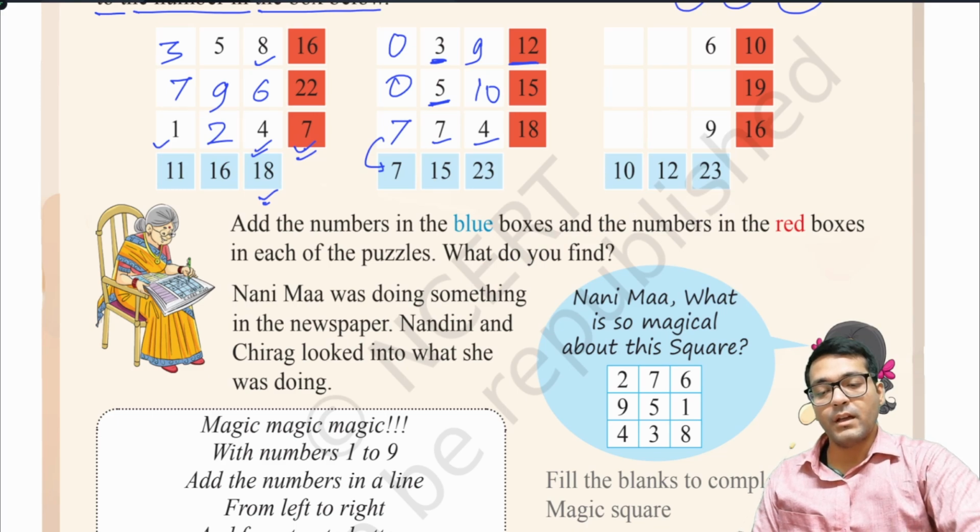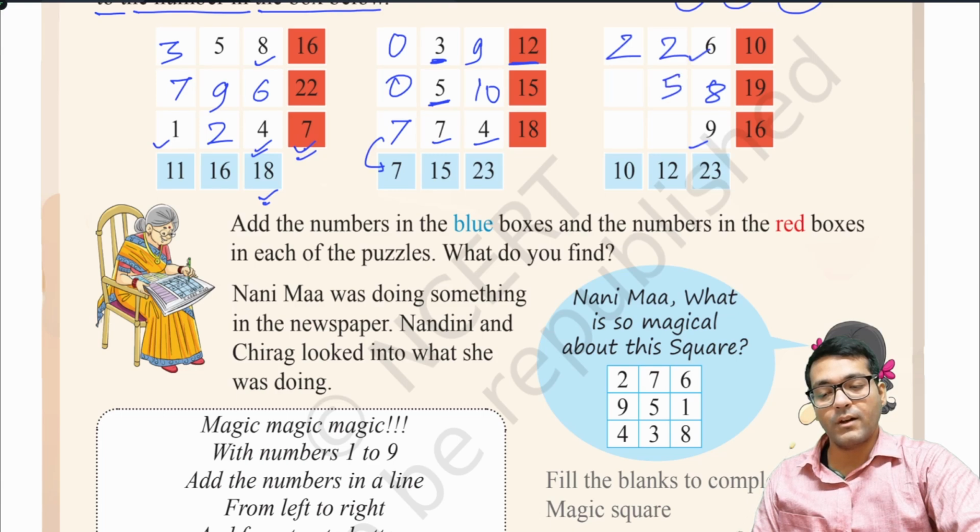Let's add 6 and 9, that means 15. 15 and 8 is equal to 23. Similarly, you can write, for example, suppose if you write here 2 and 2, that means you have to write here something else.